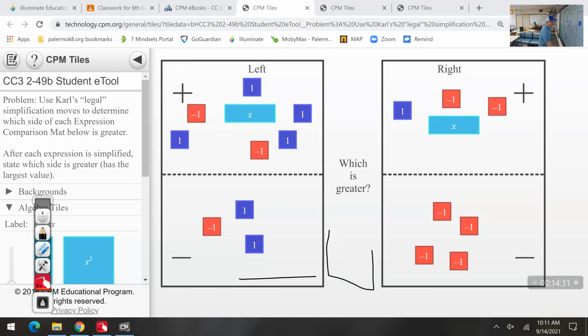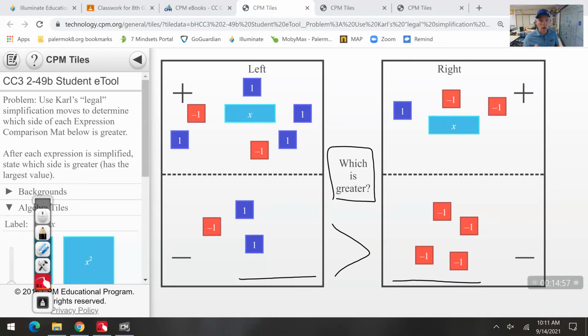This compares to this. And you're going to decide, is it equal to, like the previous problem? Is it less than? Or is it greater than? That's what I want to see. You can do this on the e-tool, but the goal of this is to tell me which is greater after you do your legal moves.